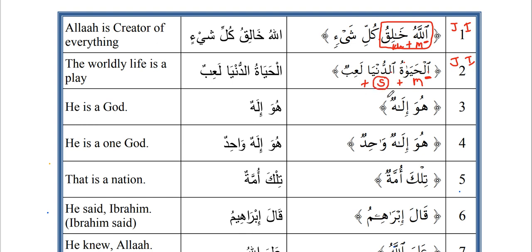After the mubtada, the khabar has to come. So we have our khabar. And what is the recognition point or proof for the khabar? The tanween dammatan. La'ibun means it is a play. The worldly life is a play. So that's how you will recognize the position of each noun in an ayah, in a sentence.